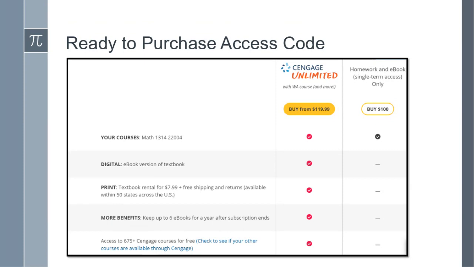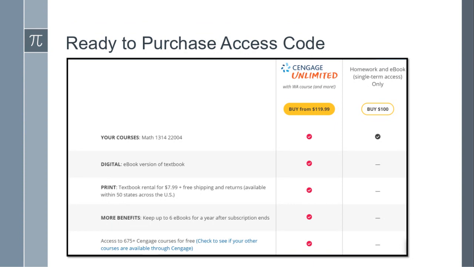The good thing about the one on the left side is, let's say you're taking a math class, a computer science class, and a business class. Let's say your business instructor is using a Cengage textbook, and your computer science instructor is also using a Cengage textbook.